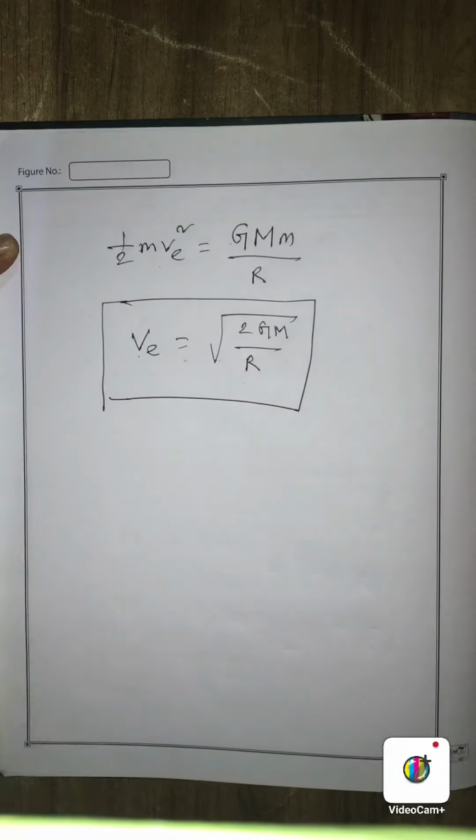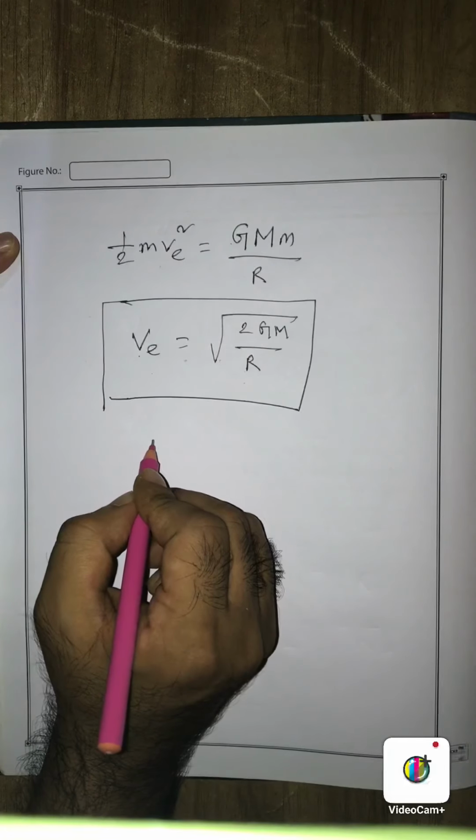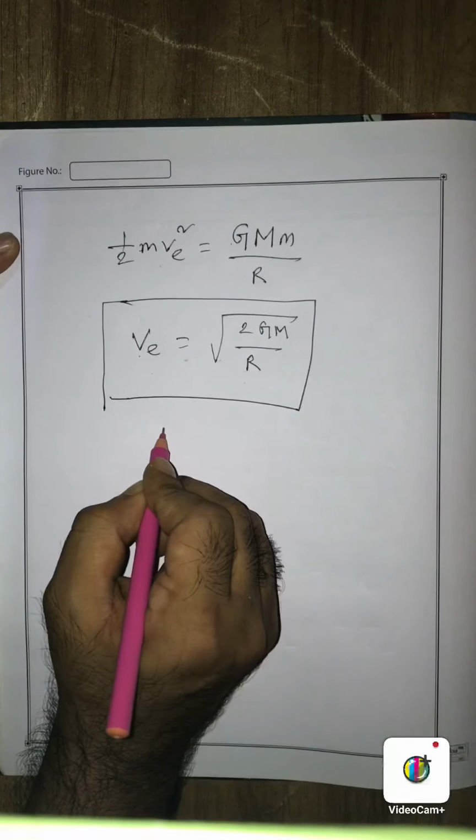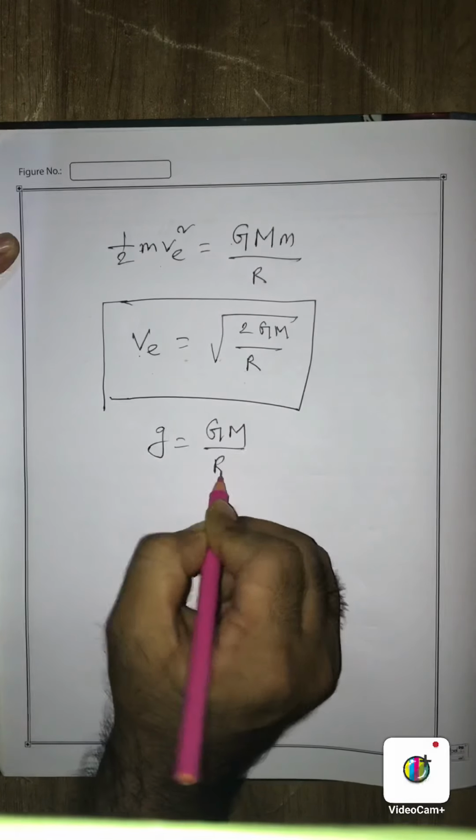Now another formula of escape velocity. We know that the gravitational acceleration at the Earth's surface, small g, equals G capital M divided by R square.